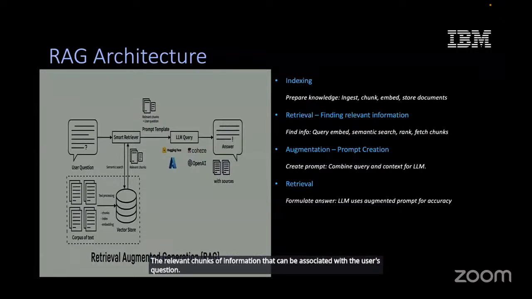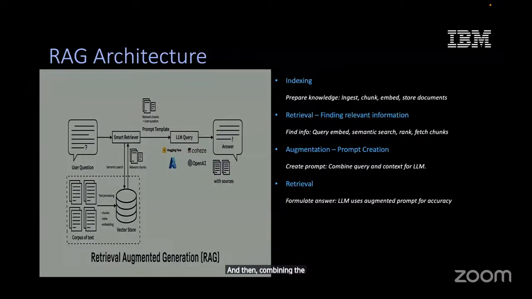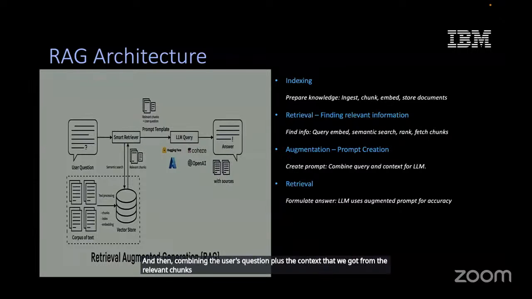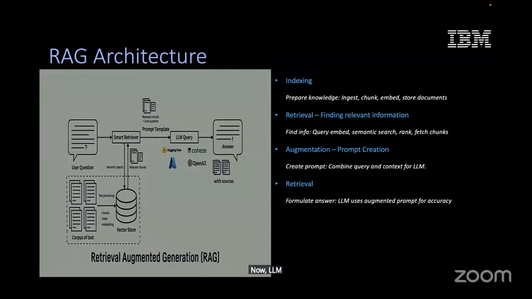Then, combining the user's question plus the context we got from the relevant chunks, we pass that in the form of a prompt template to the LLM. Now, the LLM not only has the question, but it also has some relevant chunks of information that give it the context and confidence based on which it can now answer questions.